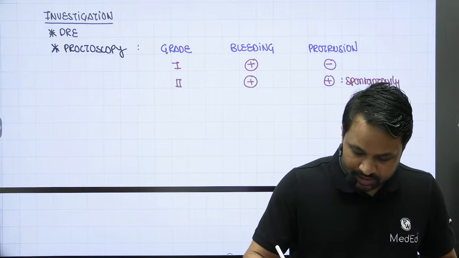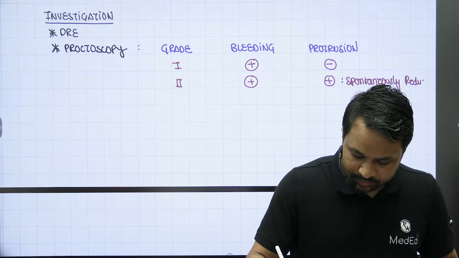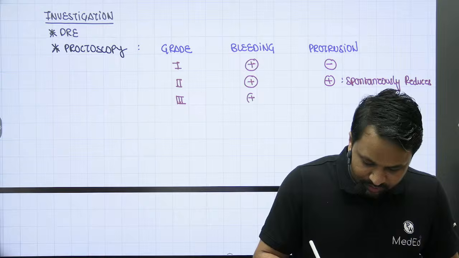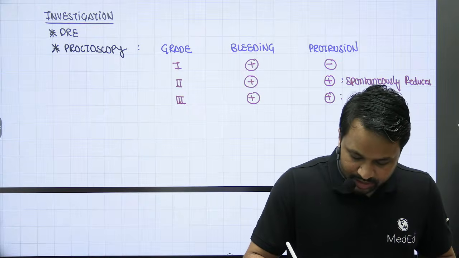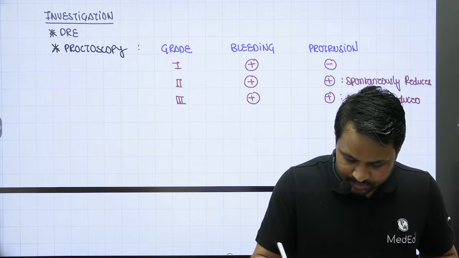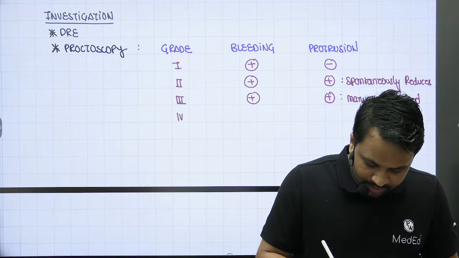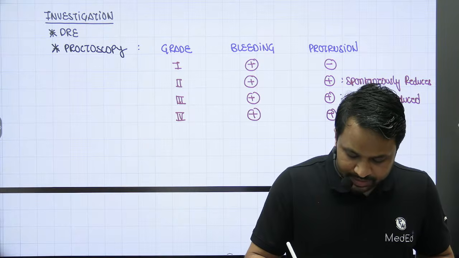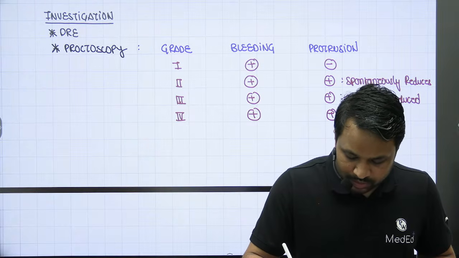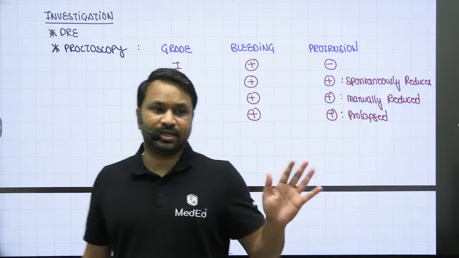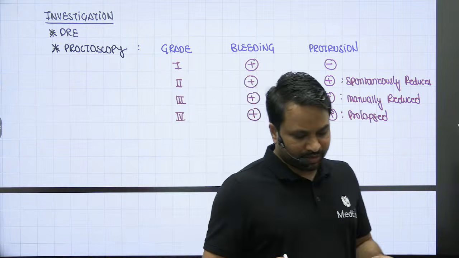Then grade 3, there is bleeding and protrusion, but here it is manually reduced. Then grade 4 hemorrhoids, where there is bleeding, protrusion is present, but this time it cannot be reduced manually, it is prolapsed. So these are the grades of hemorrhoids that you should be aware of.